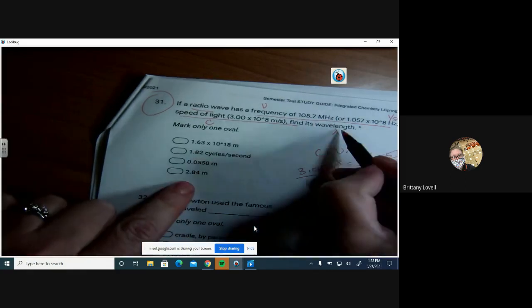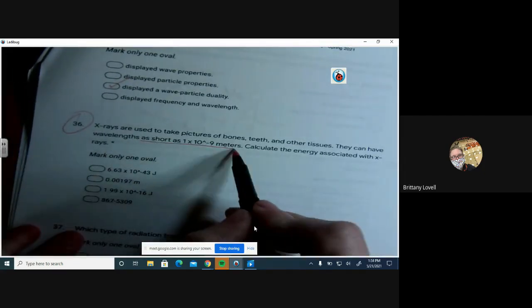So if I look over here, the closest thing is 2.84, and then I'm going to look at the unit and make sure it agrees. 2.84 meters. Since they were asking for length, that would totally work. So 2.84 meters is your best choice there. Like I said, same kind of setup, different numbers, okay?